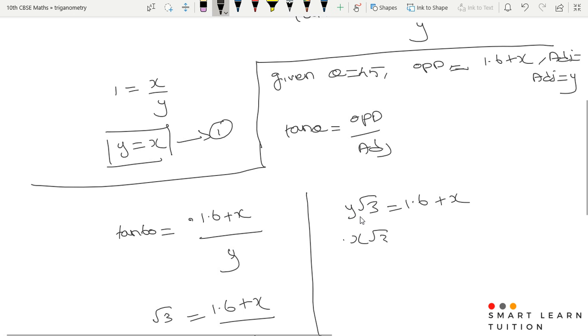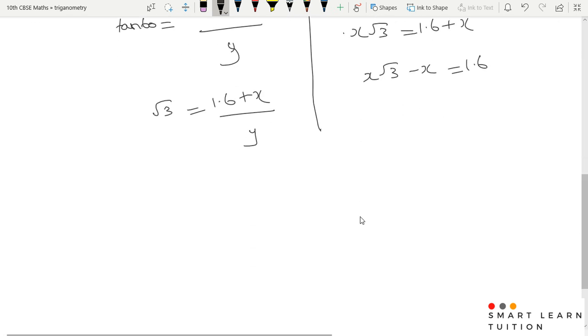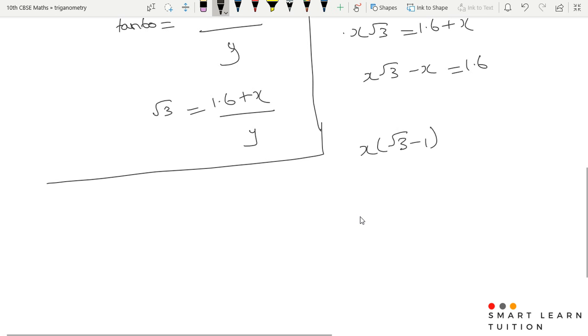So x root 3 equals 1.6 plus x. Bringing x to this side, x root 3 minus x equals 1.6. Taking x common, x into root 3 minus 1 equals 1.6. Next step, x equals 1.6 divided by root 3 minus 1.